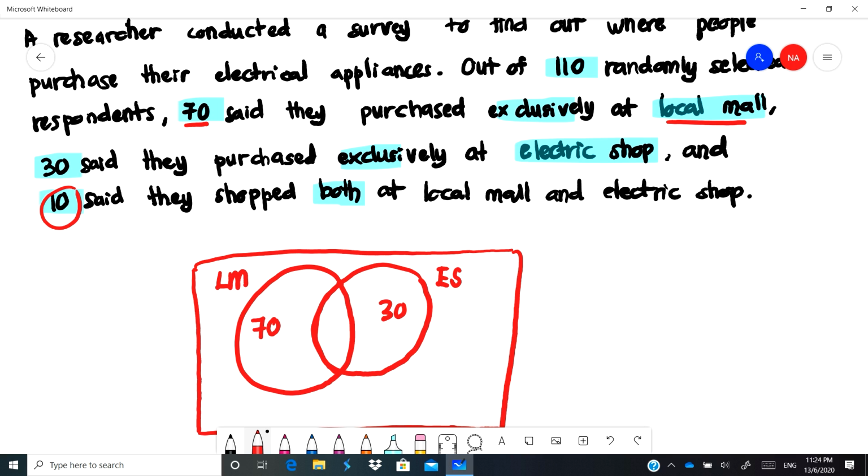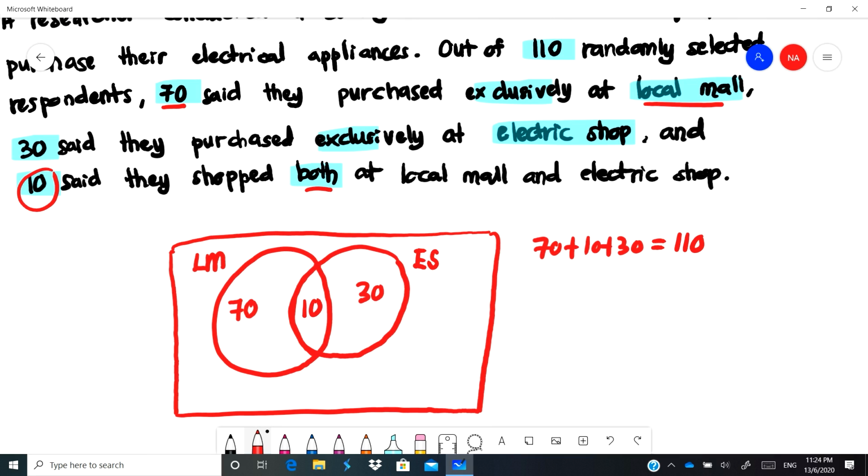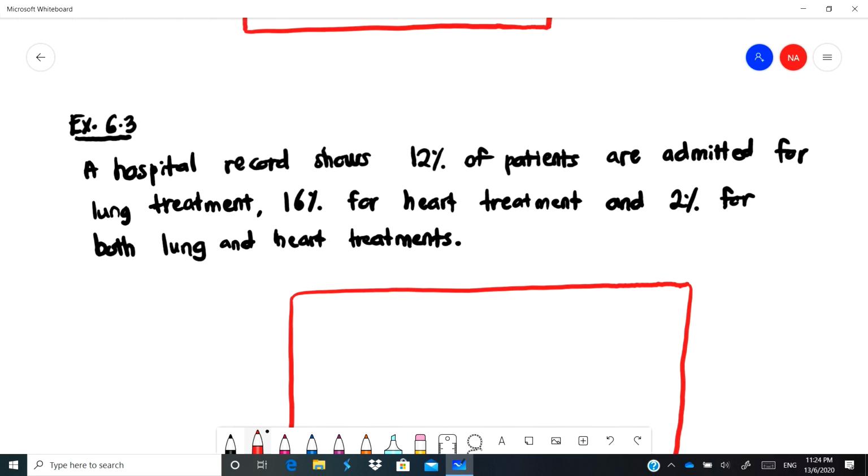And 10 of them will be at both, so at both is here. When you add this up, 70 plus 10 plus 30, you get back 110, the total respondents. So that's how you draw a Venn diagram. Very simple. Now example 6.3.